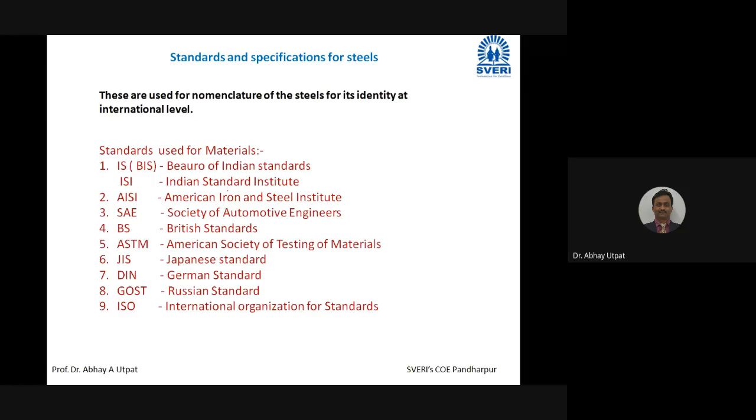So you have to ask for 314 steel or 210 steel. These code words are used for the composition, properties and applications, and accordingly you can purchase, or any market name will be as per the different standard.